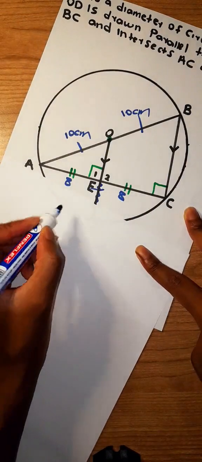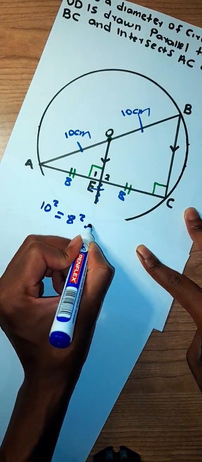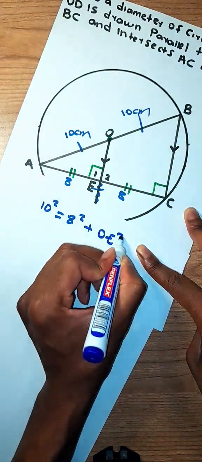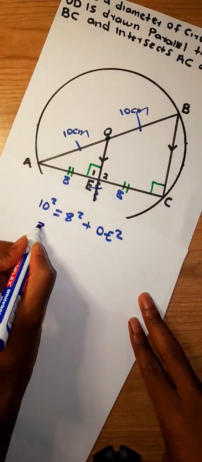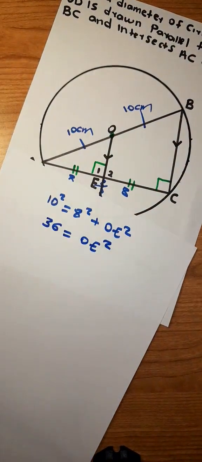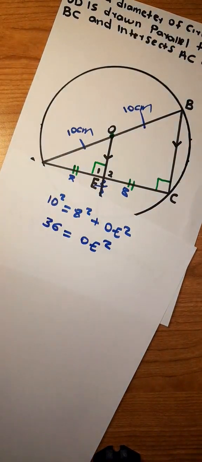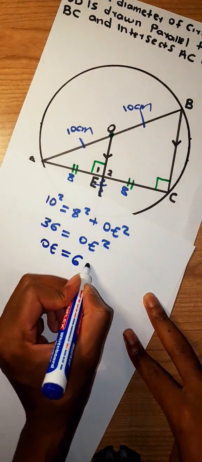I don't want to waste time. So we know we're going to get 10 squared equals 8 squared plus OE squared, right? Now, 10 squared minus 8 squared gives us 36, which equals OE squared. Now let's find the root of 36. So OE equals 6 centimeters.